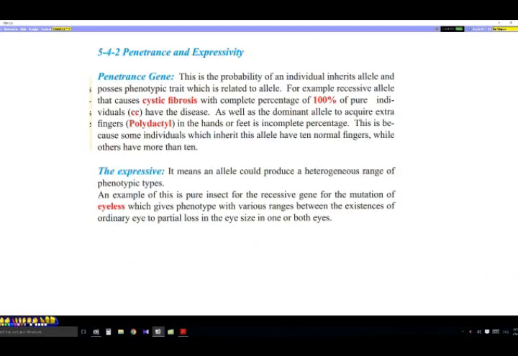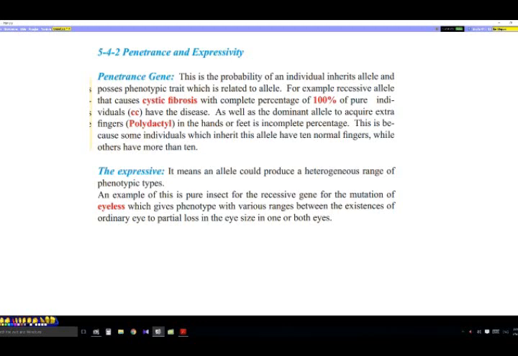Penetrance and expressivity. Expressivity is about gene expression, how genes work and show their effects on the phenotype of the organism. Penetrance first: this is the probability that an individual who receives these alleles from the parents for a certain trait or abnormality possesses the phenotypic trait and shows the effect of the gene on their phenotype.